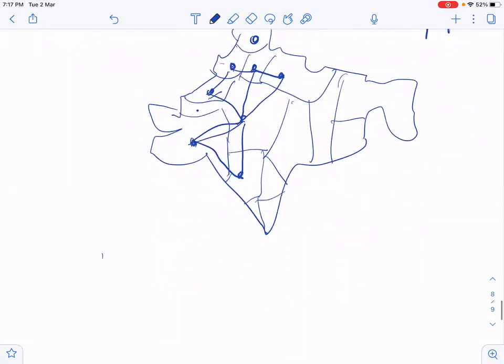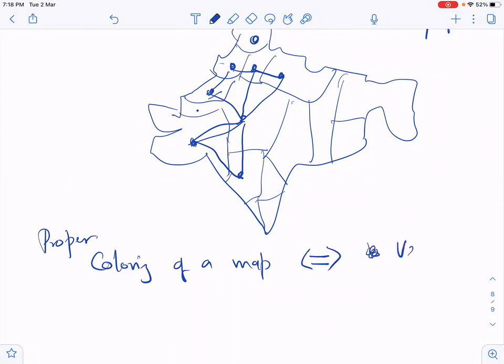So a proper coloring of a map is basically the same as a vertex coloring of a planar graph.